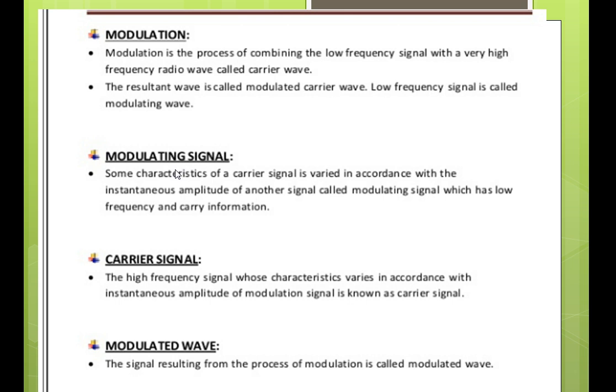So the modulating signal is one in which some characteristics of a carrier signal are varied in accordance with the instantaneous amplitude of the signal, which has low frequency and carries information. For example, our message is the low frequency signal.